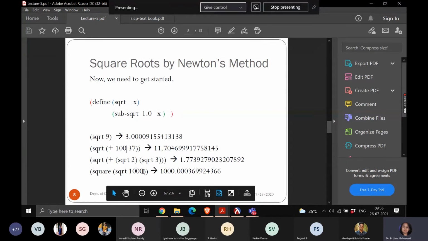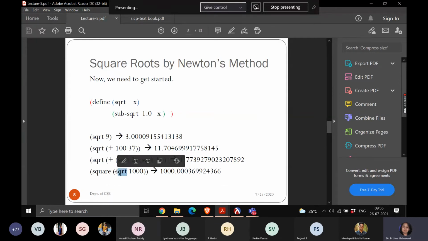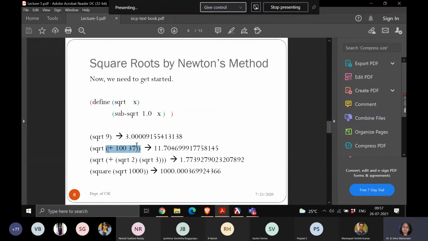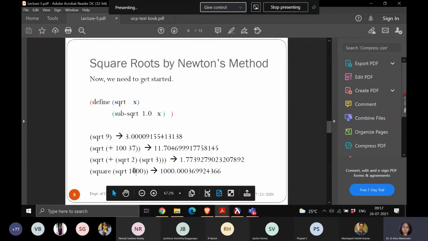Square root of 1000 is also possible, provided square is written by you. Once you define this square root, it can act as an argument, so that function you can also pass as a parameter. For the parameter of SQRT, you can have an expression or a simple value. Lisp knows how to evaluate this composition and these arguments; the interpreter knows it.